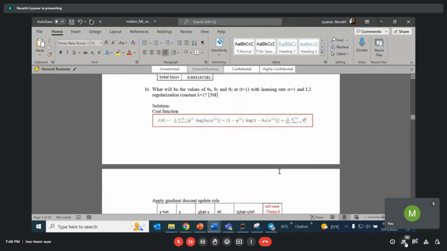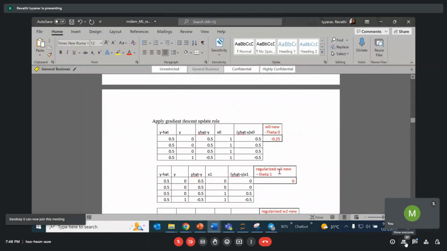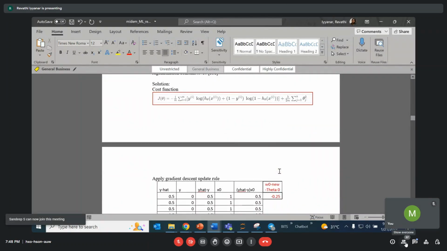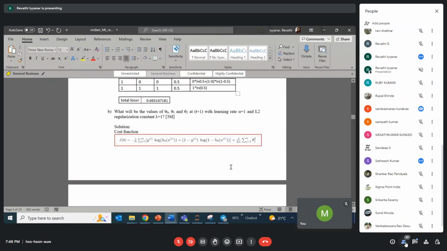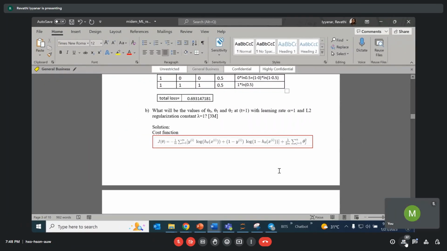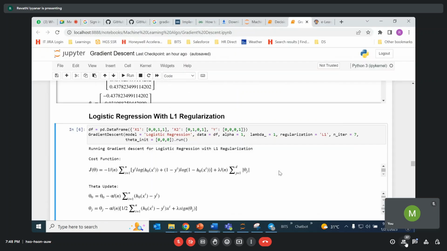So what does regularization mean here? Like, just submitting the previous iteration result into the next iteration, is it? Actually, what happens is, when we take the approximation for the next step, we might get large values of theta.